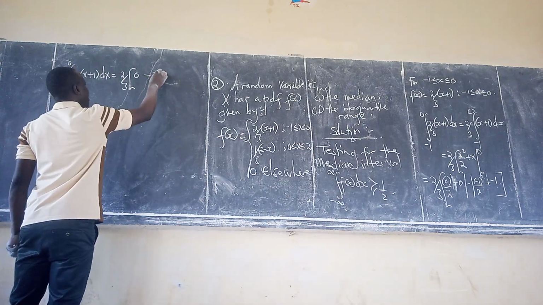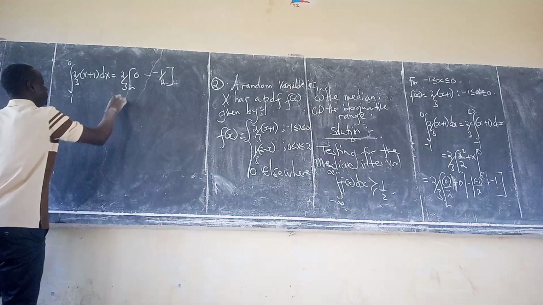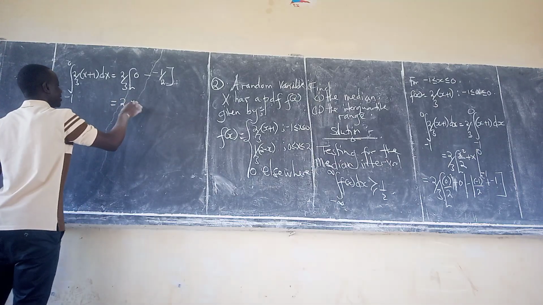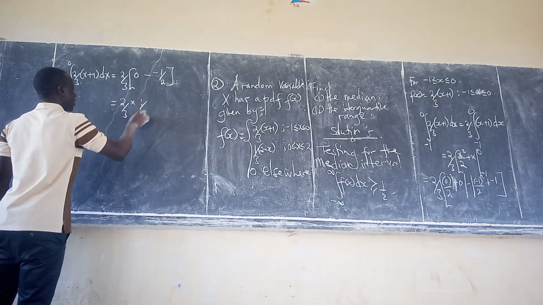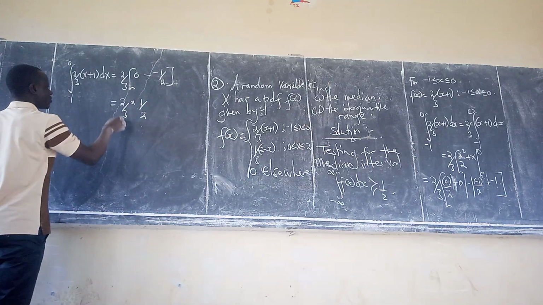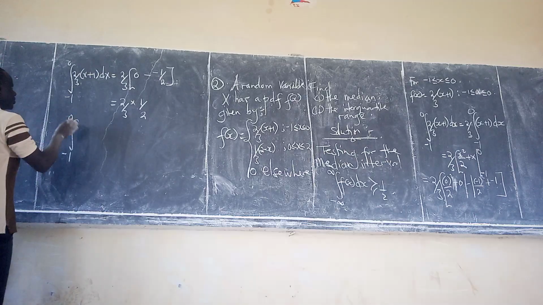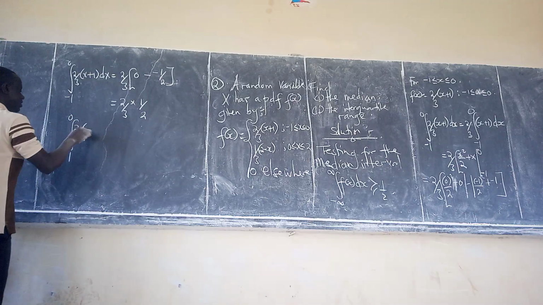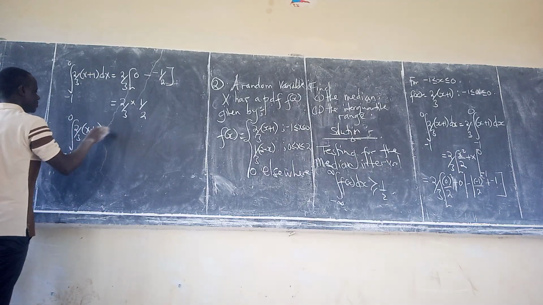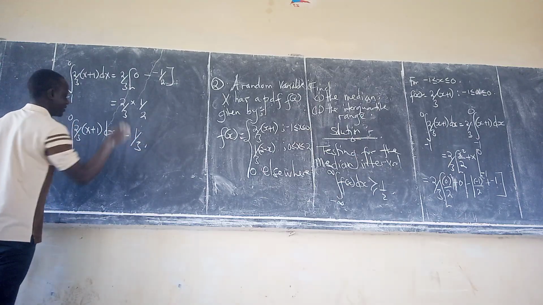So minus negative half, and this will be 2 over 3 times 1 over 2 when this becomes positive. So this 2 goes with that, and our integral from negative 1 to 0 of 2 over 3 into x plus 1 dx is going to be a third.